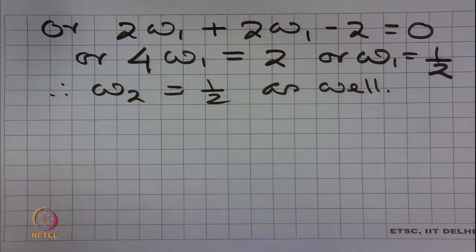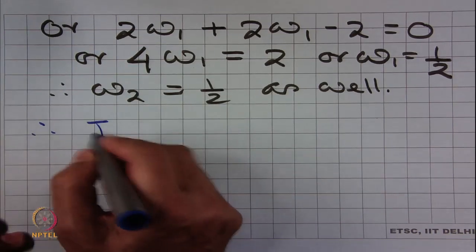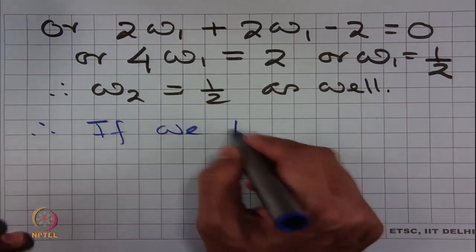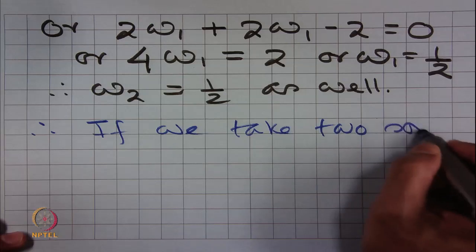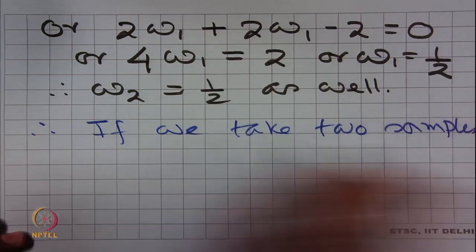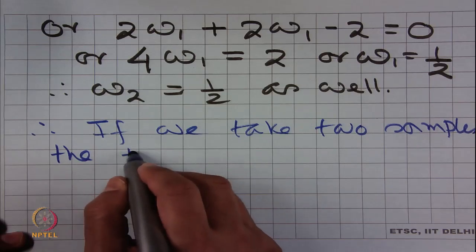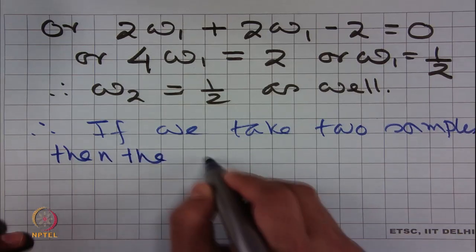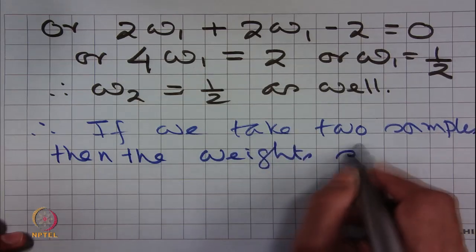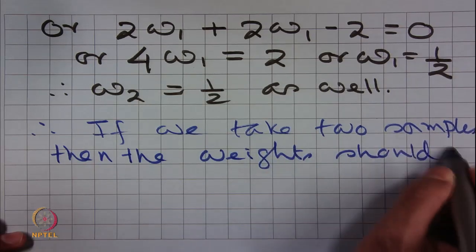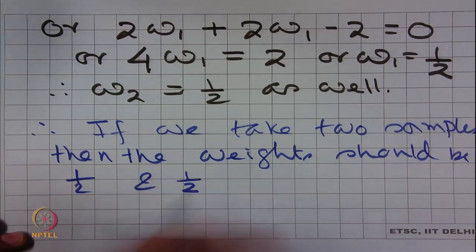What does it tell you? It tells us that if we take 2 samples, then the weights should be 1 by 2 and 1 by 2.